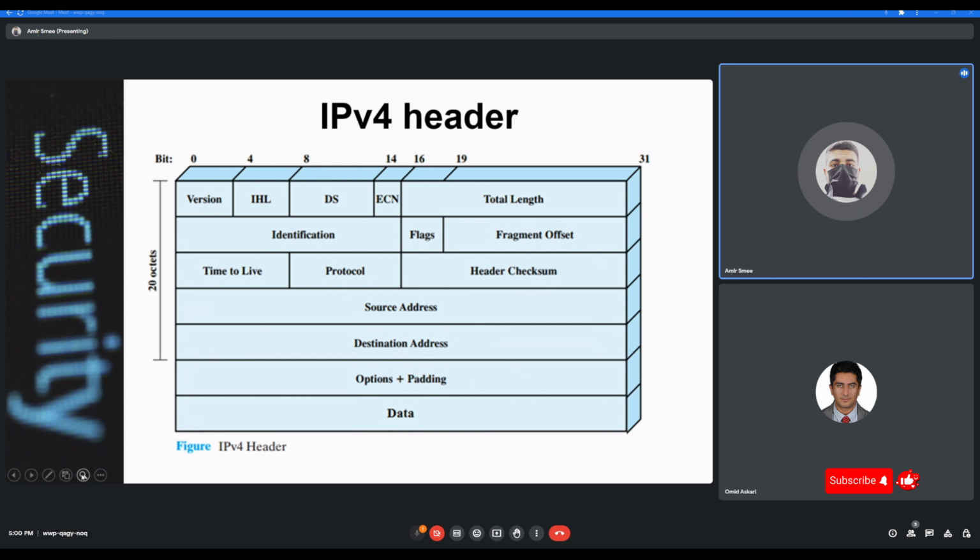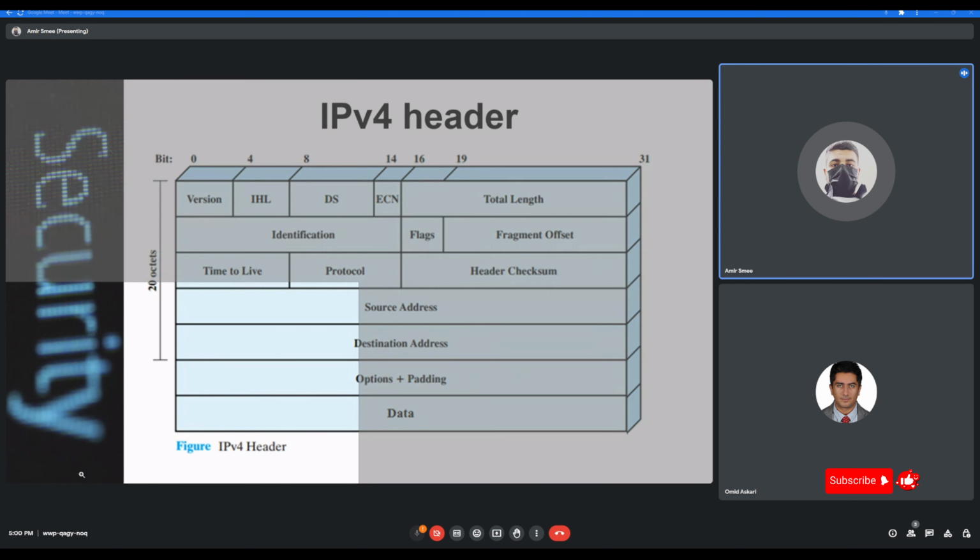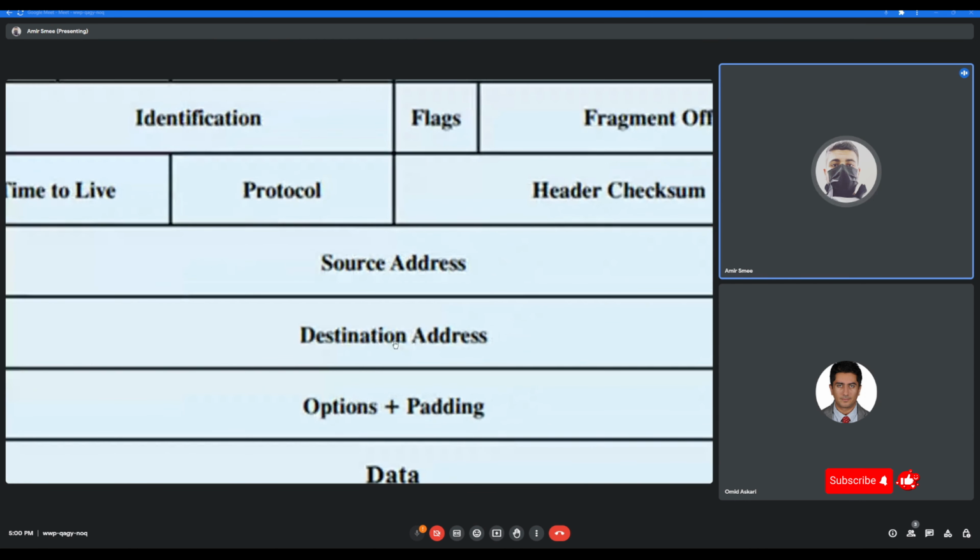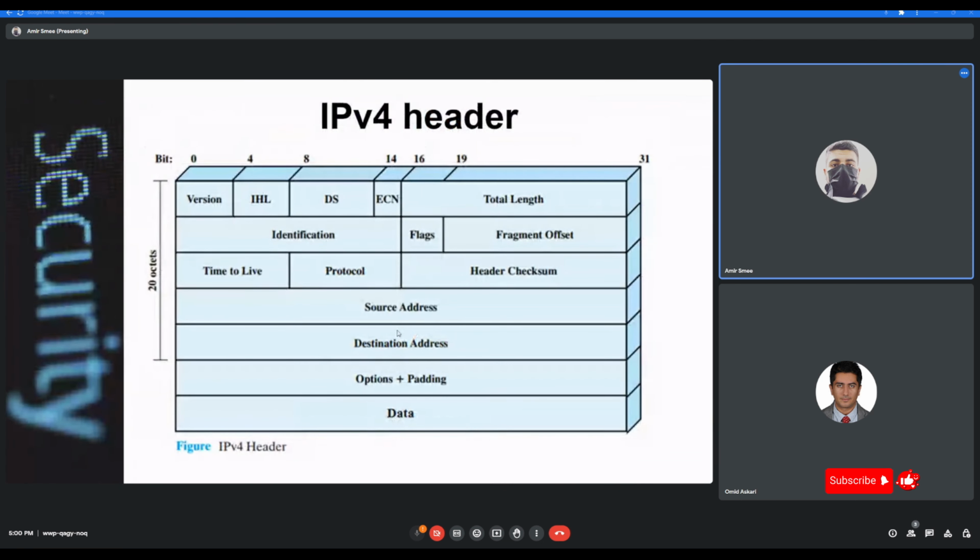One of the things in the header is the address of the person who sent the message and also the address of the recipient of the message. These are respectively called source IP and destination IP. Just like a mailbox has the details of the sender and destination.